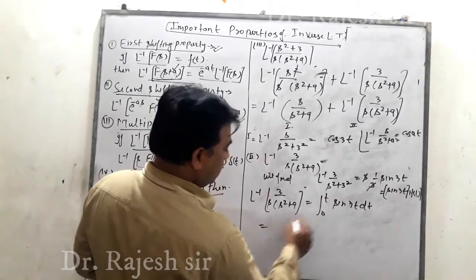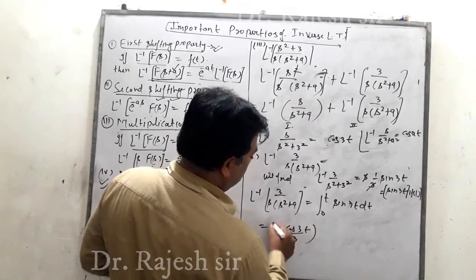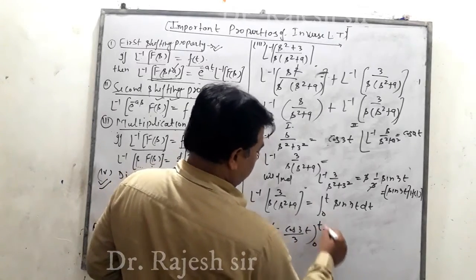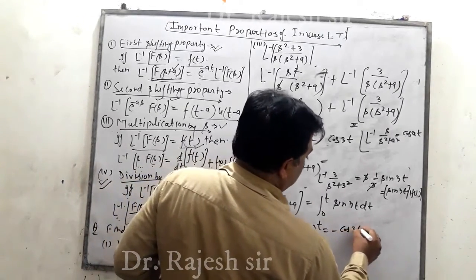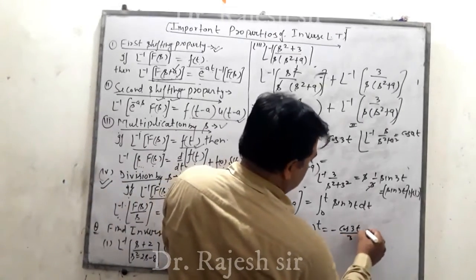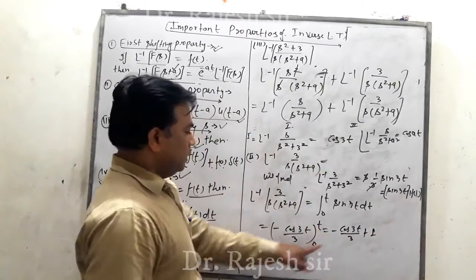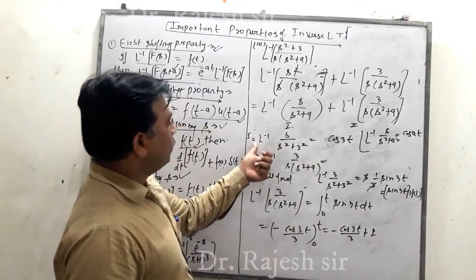Integrate this function: minus cos 3t divided by 3, limit 0 to t. Apply the limit 0, it means upon 3 and minus minus plus, which means 1. This is the second and this is the first.